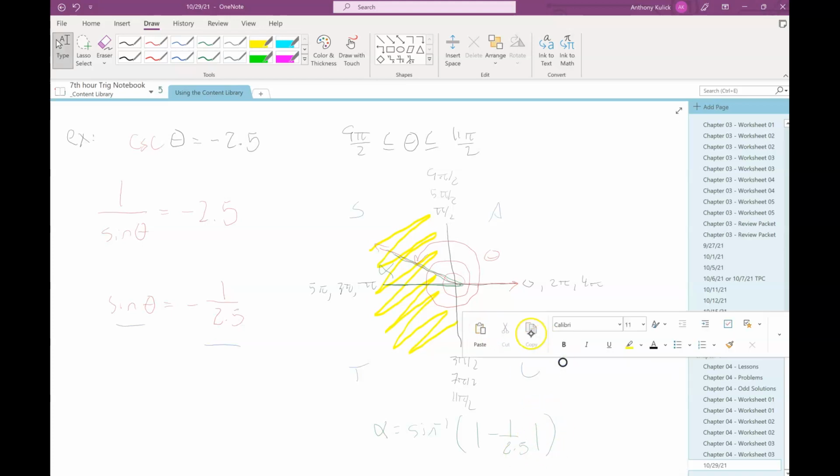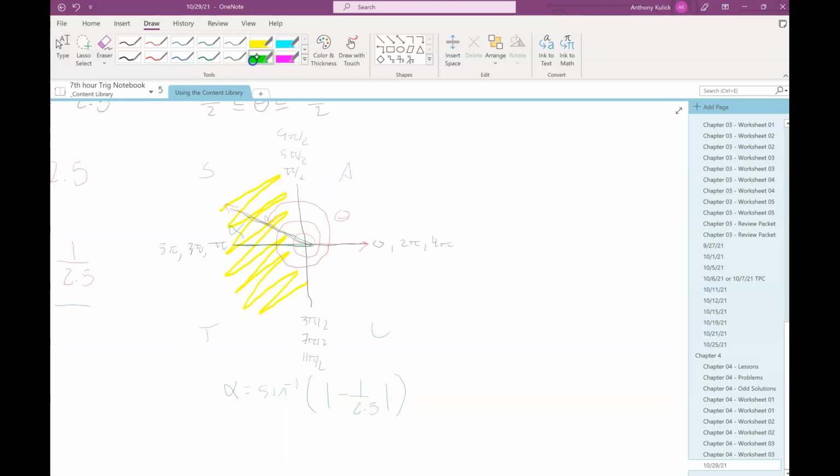And then if I look at the relationship between theta, alpha, and 5 pi, I notice from here to here is theta, there to there is alpha, and that's going to end at 5 pi.